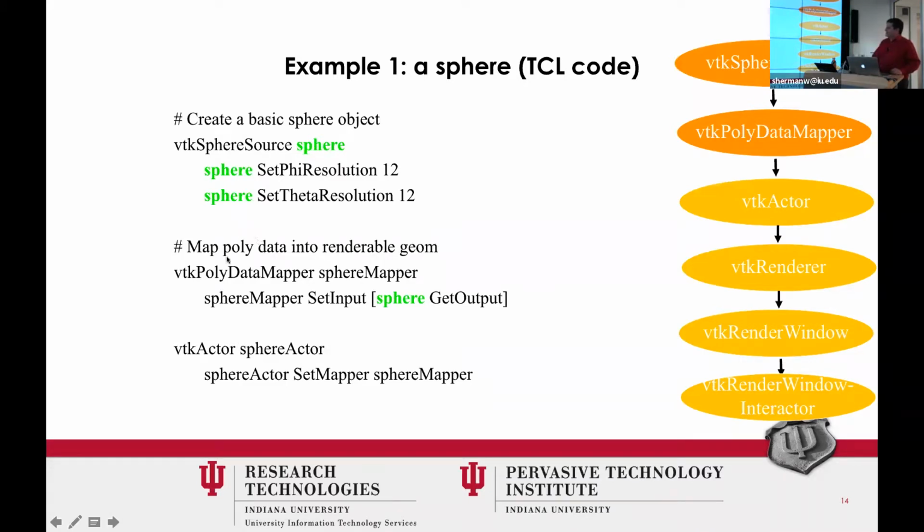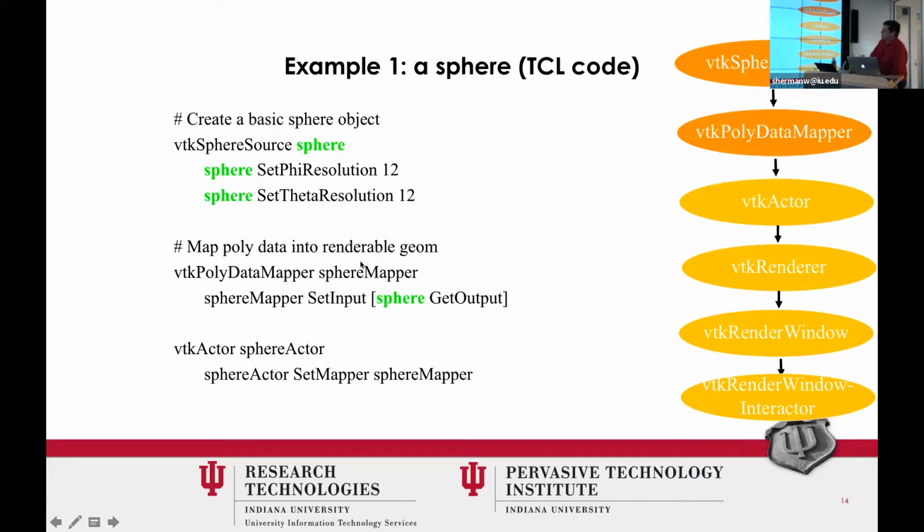Then we connect it, so we have this VTK poly mapper, which is called sphere mapper, so this is the name of our instance of the class. And we set sphere mapper's input to the output of sphere. So we're just doing this line, this arrow right here. And then we have to have the actor. And so actor, as I said, is done slightly differently. There's only one mapper for an actor. So you always have set mapper to somebody's sphere mapper.